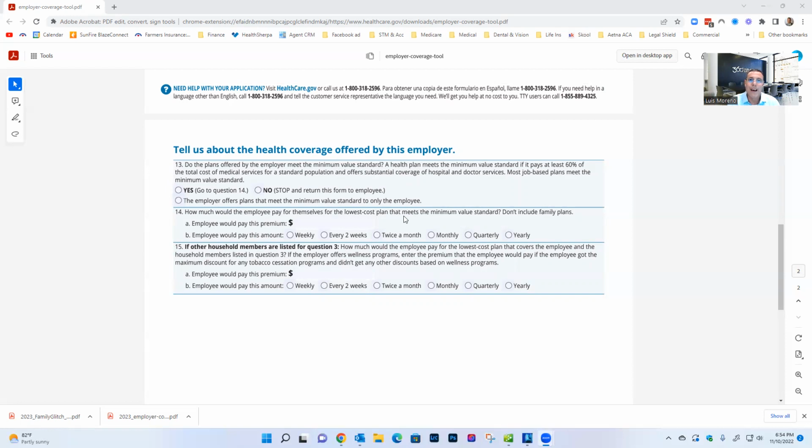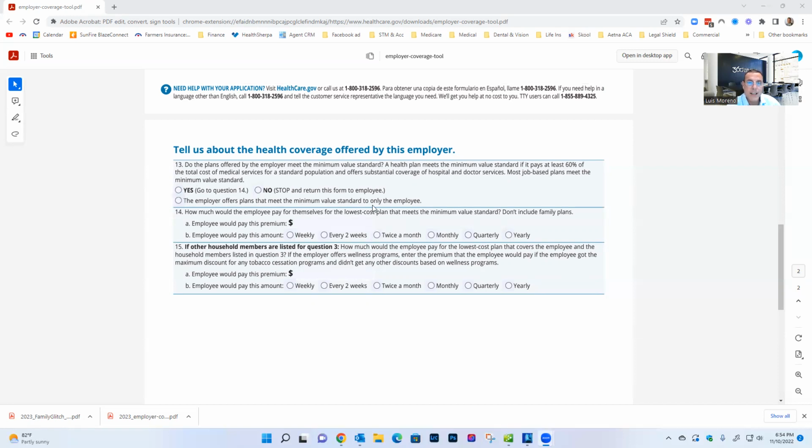Those aren't minimum value standard plans. It has to be a true group plan. A health plan meets the minimum value standard if it pays at least 60% of the total cost of medical services for a standard population and offers substantial coverage for hospitals and doctor services. Most job-based plans meet the minimum value standard. So, yes or no? If they answer yes, they go to the next question.